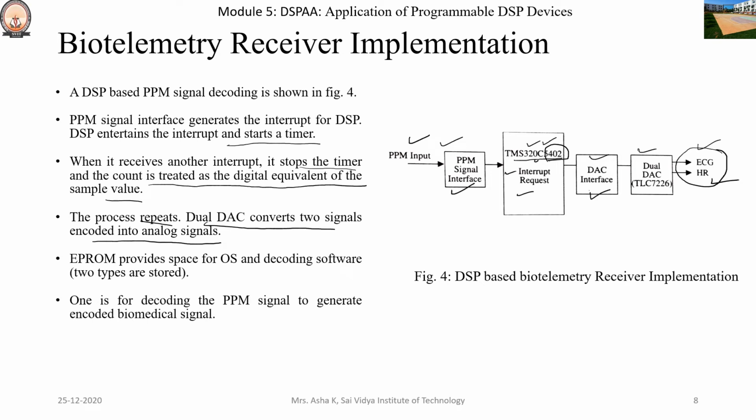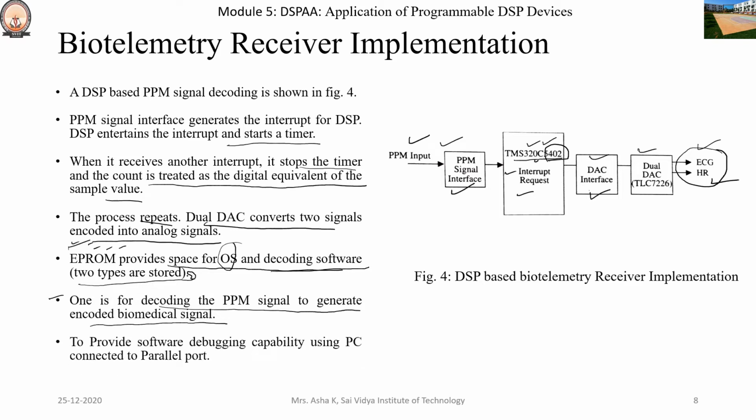The EEPROM, that is electrically erasable programmable read-only memory, provides space for the operating system and decoding software. Here the two types are stored inside the EEPROM. One is used for decoding the pulse position modulated signal to generate the encoded biomedical signals, that is ECG and heart rate.